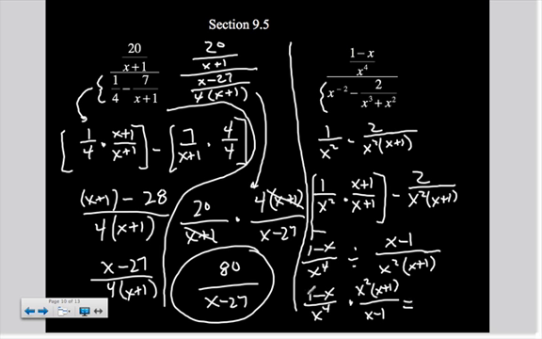Now, I can factor a negative 1 out of this. This is going to be the opposite of x minus 1. This cancels with that. X squared cancels with x to the 4th and leaves x squared. So I end up with the opposite of x plus 1 all over x squared. Sorry, the space was a little tight on this slide, but you get the point.